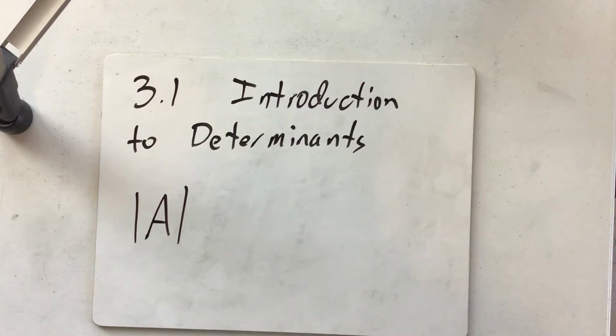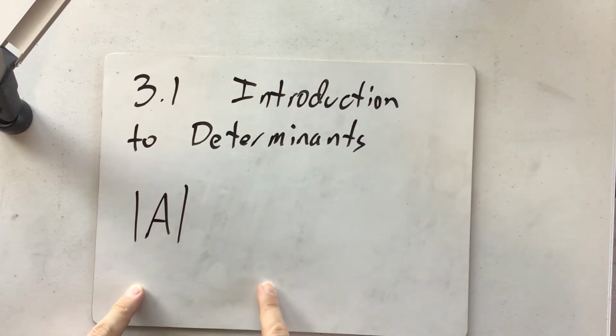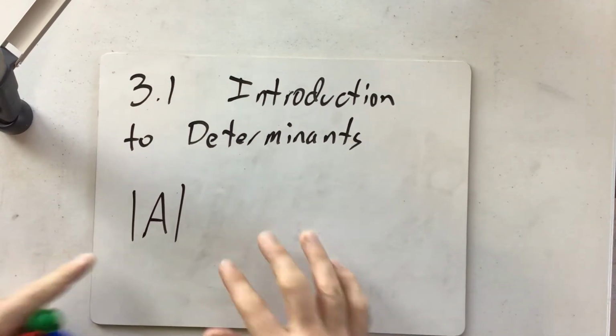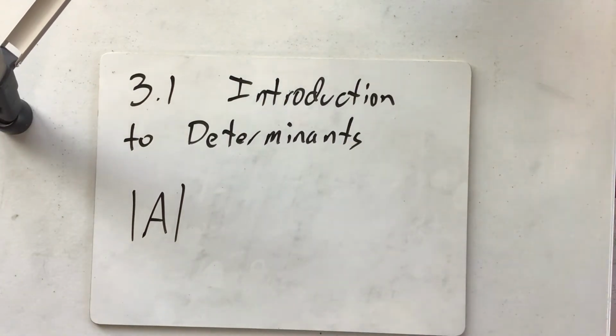The size of -5 is 5, because that's how big it is relative to the origin 0. We also used absolute values when we talked about the magnitude of vectors in Calc 3 or in physics or in other classes. So this is giving us some measure of magnitude, and determinant is a measure of how big or how much volume or how much area this matrix is representing. So it's not a surprise that we could use this notation.